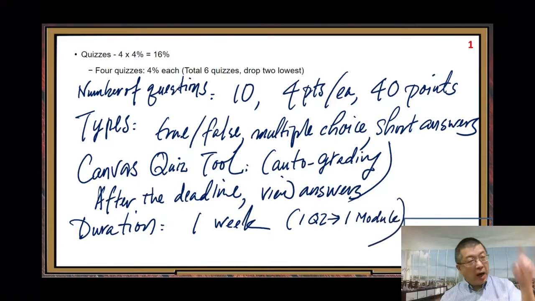After we complete one module, I create a quiz. Then I set a deadline, 1 week deadline. So within this week, you need to study, make sure you complete your study of all the materials of this module. Do not delay. Then you can work on the quiz.